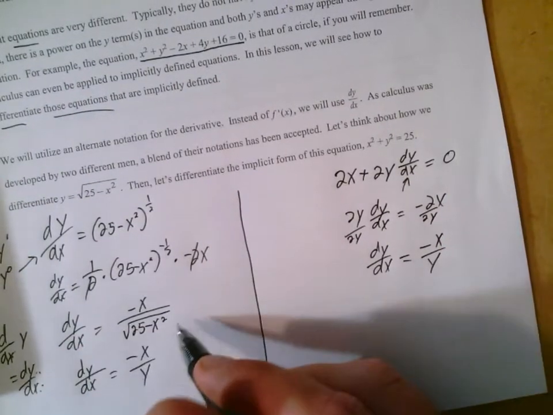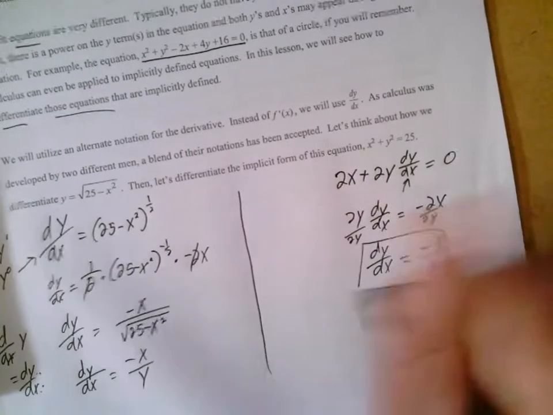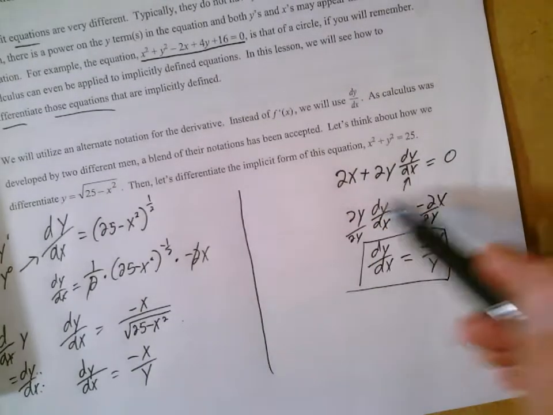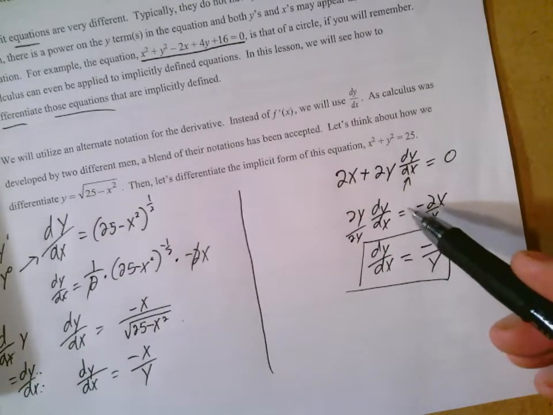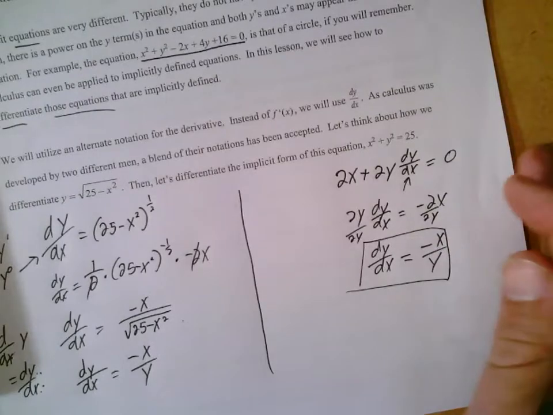See why I had to replace it, so you can see we got the same answer. Now which one was easier? Obviously this way. The derivative part of this is easy, and then you have to use algebra to work it all the way out.